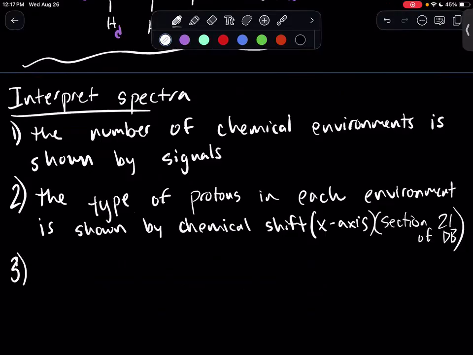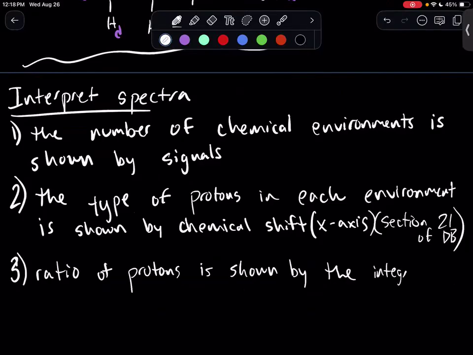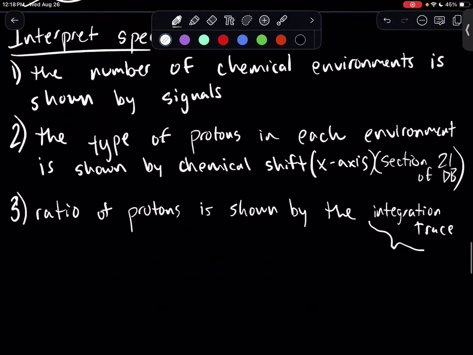After that, the ratio of protons is shown by the integration trace. So the integration trace is that fancy blue line above.